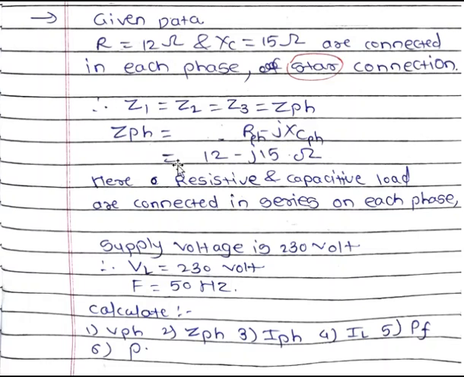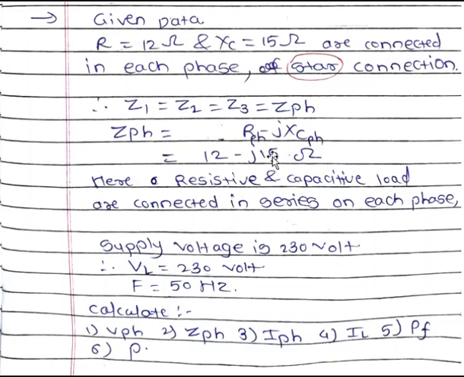Okay, now the value of impedance per phase is equal to 12 minus J15 ohm. Here the minus sign indicates the load is capacitive in nature. This is the real term and this is the imaginary term. The real term is always the resistive load and the imaginary term is always of reactive nature.